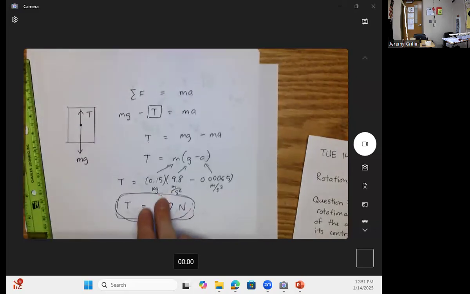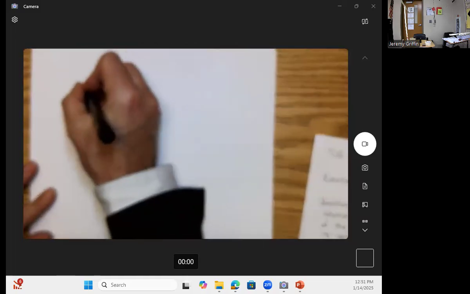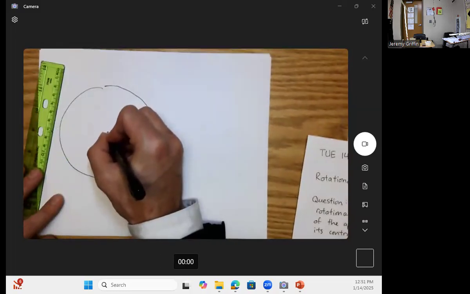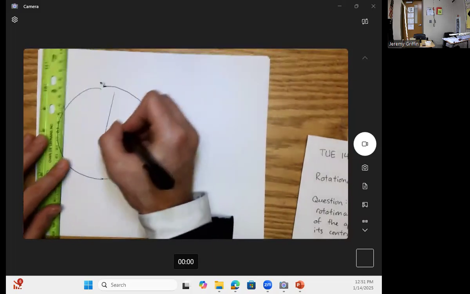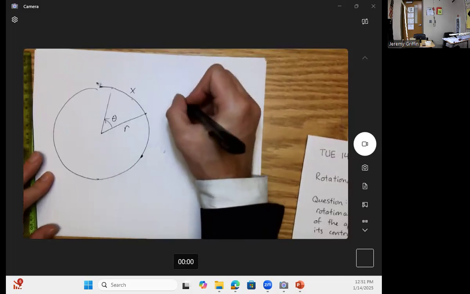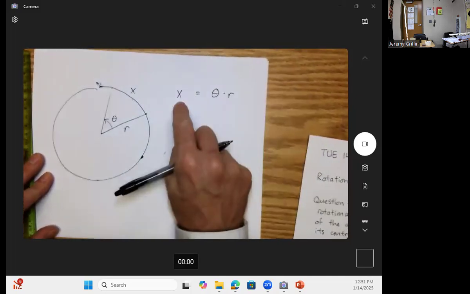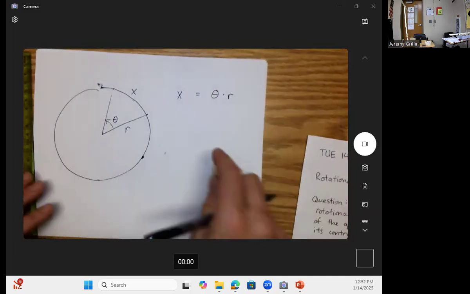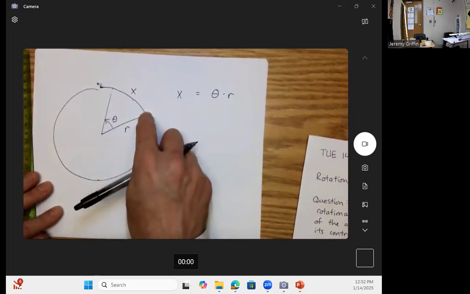Angular acceleration. Now this is going to connect to turntable physics. You guys remember turntable? I'll just draw it out here. So I got a turntable, it has some radius, and say I have a point that sweeps out some angle, theta. How far around does it go? x equals theta times r. So here's linear, here's angular, and the connection is just multiplied by r. A specific version of this, if you go all the way around the circle, that's called one what?